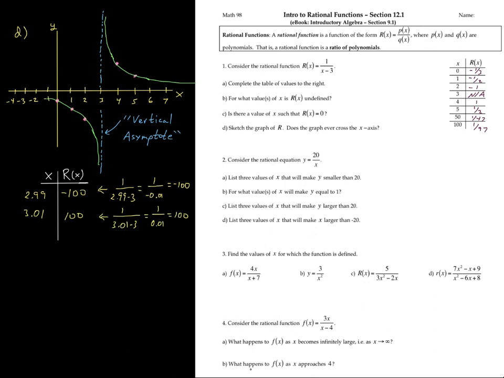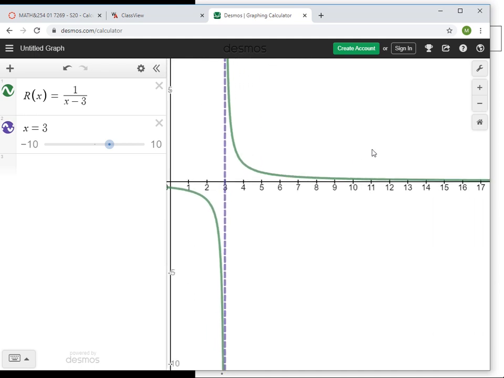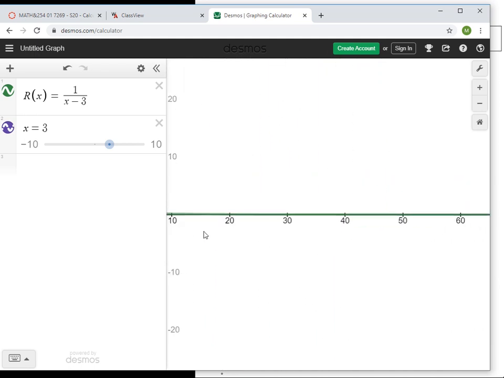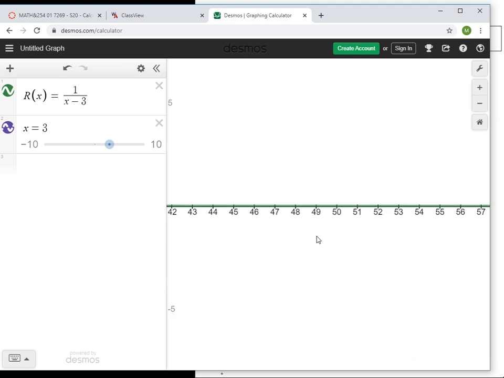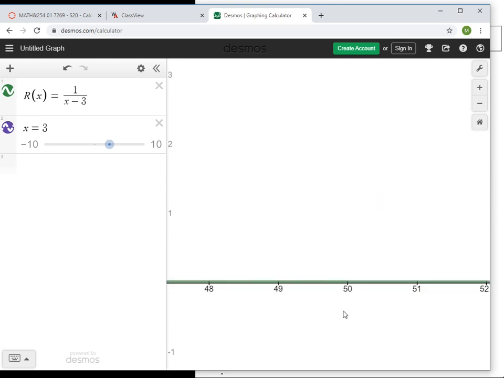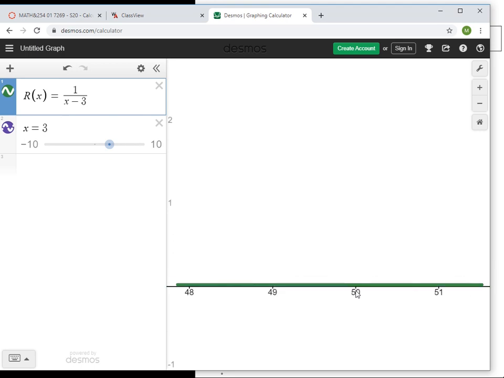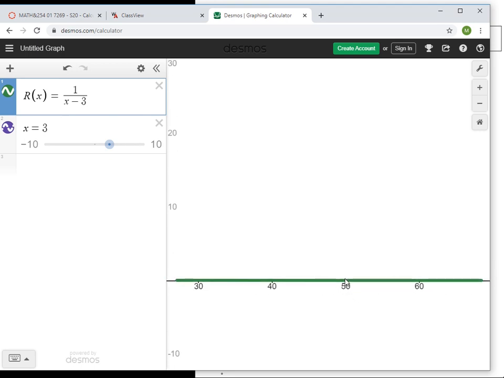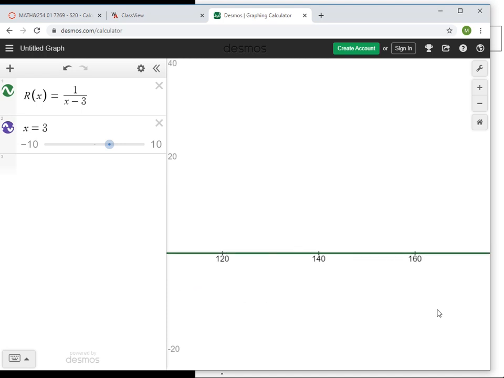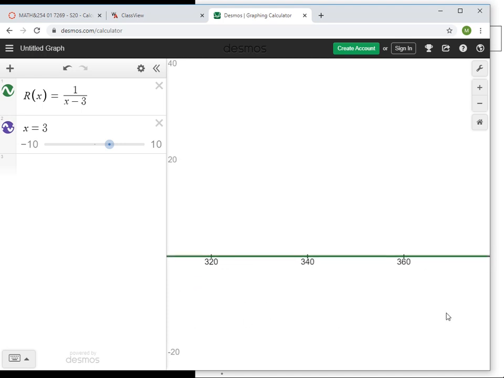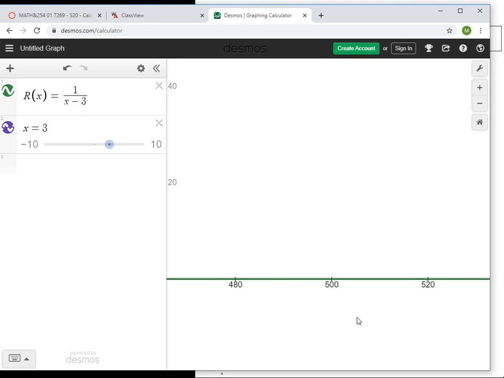Cool. And the other thing I want to highlight here is that if I were to say zoom way out and go over to, like, say when x is 50, we saw that the output there was 1/47th, which is small, but it's not 0. It's about 0.0213 in decimal form, roughly. Okay, so what happens if I go, say, way, way, way out to the right? Like, let's say I go to like 500.